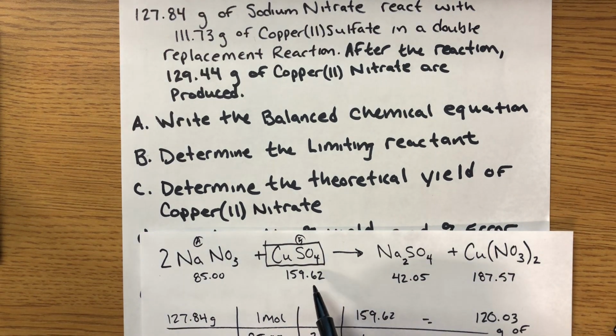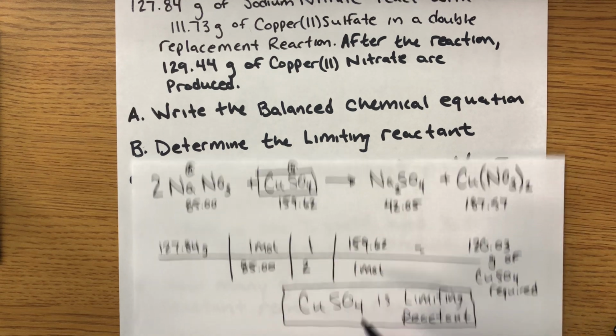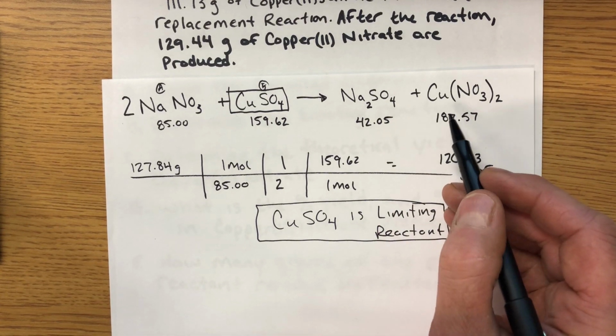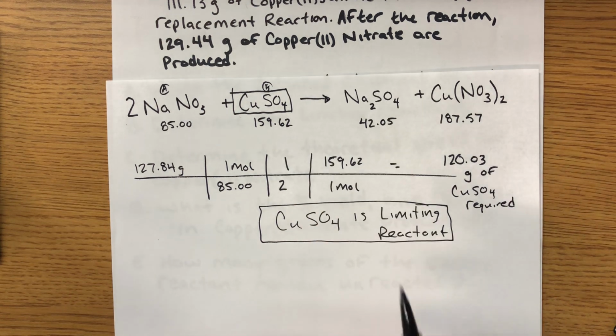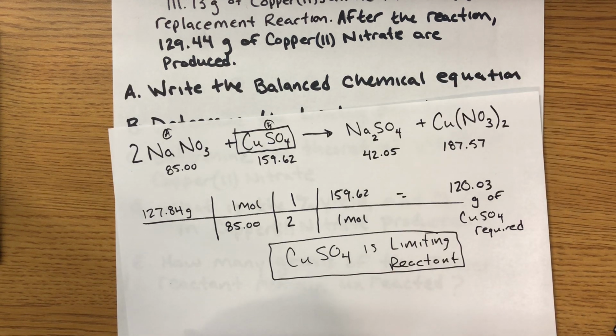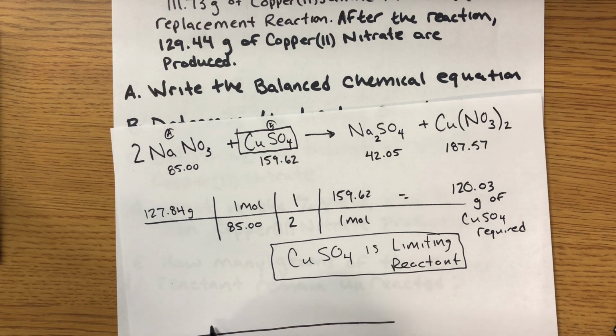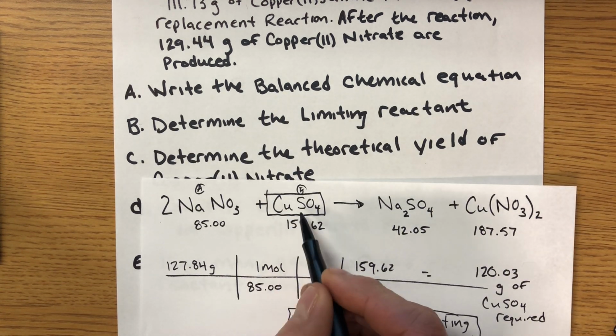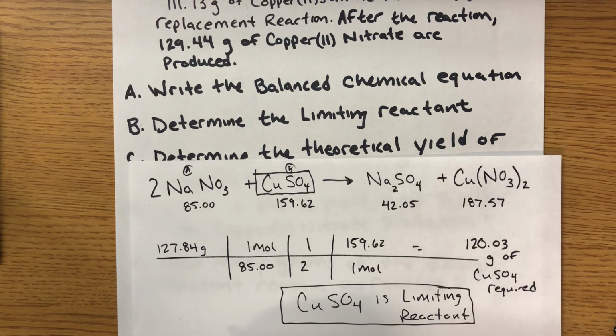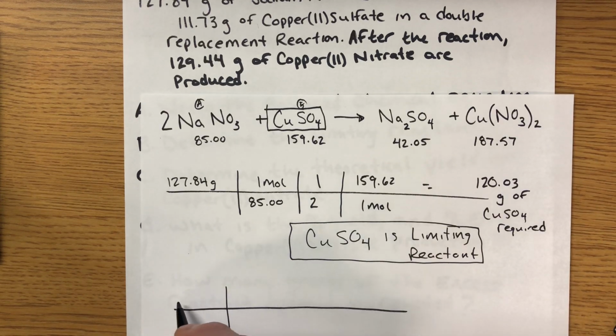Remember that when we find the limiting reactant, the production of our product is completely dependent on the amount of limiting reactant that we have in the problem. So again, we're going to do a gram-to-gram stoichiometry problem. For chemical A, we use our limiting reactant, copper 2 sulfate, and the amount given to us is 111.73 grams.